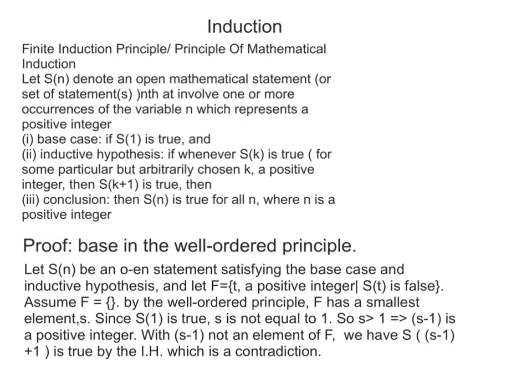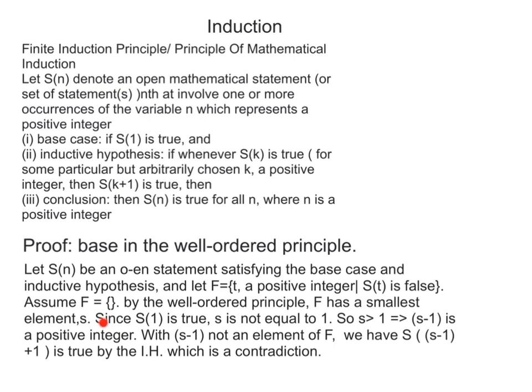Here is the finite induction principle restated, and the proof is based on the well-ordered principle. It is outlined: let S of n be an open statement satisfying the base case and the inductive hypothesis, and let F be the set of all positive integers t such that S of t is false. So assume that F is not the empty set. Then by the well-ordered principle, F has a smallest element. We'll call it s.